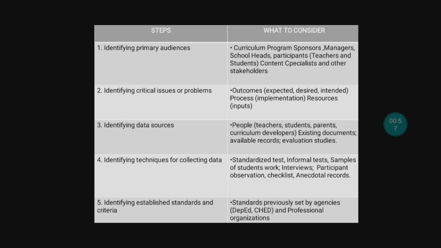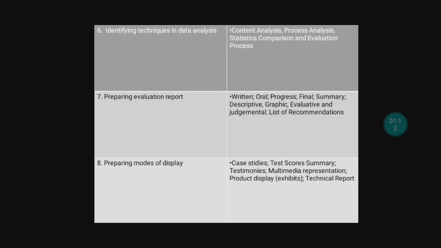Then step 5, identifying established standards and criteria, so standards previously set by agencies such as DepEd and CHED and any professional organizations. Then step 6, identifying techniques in data analysis such as content analysis, process analysis, statistics, comparison, and evaluation process.